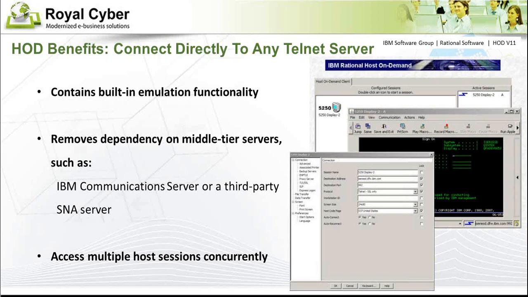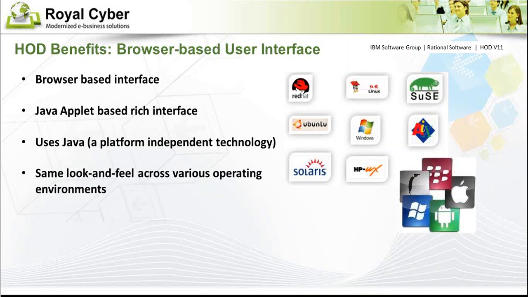Once the applet is served to the client, it is easy to connect directly to any standard telnet server that provides the best access to the required data. You can access many host sessions concurrently by eliminating the need for a middle tier server. Host on Demand also minimizes capacity restrictions.